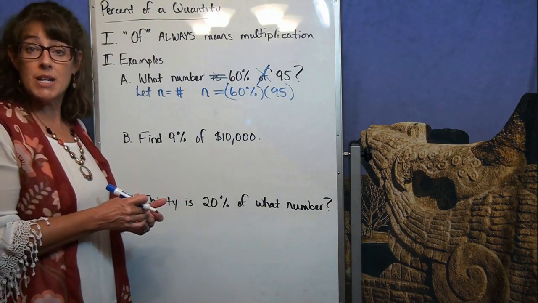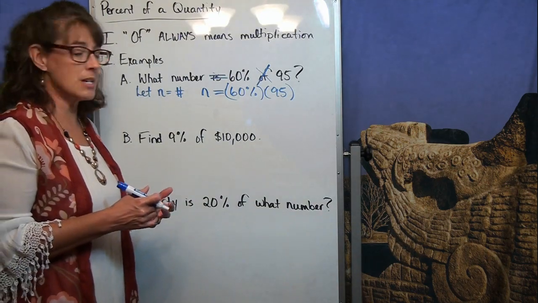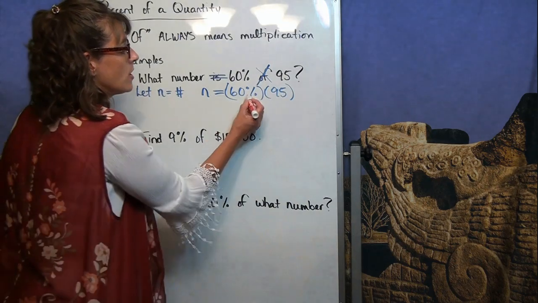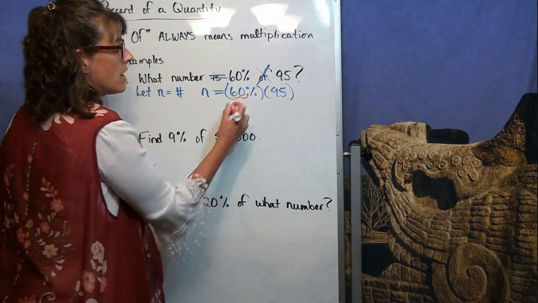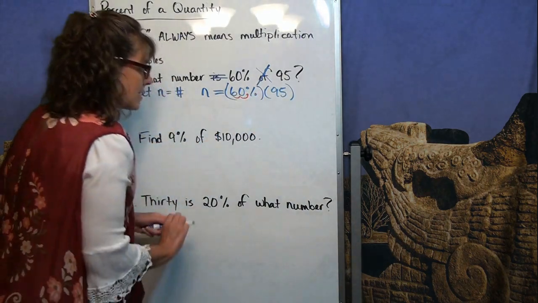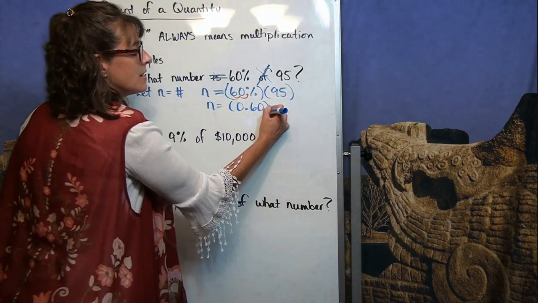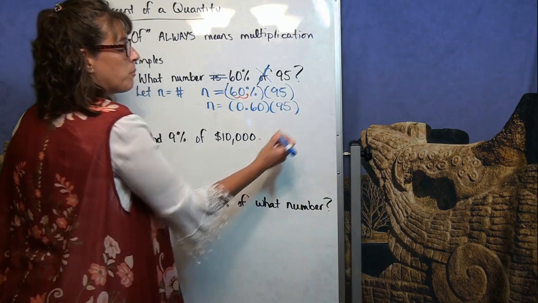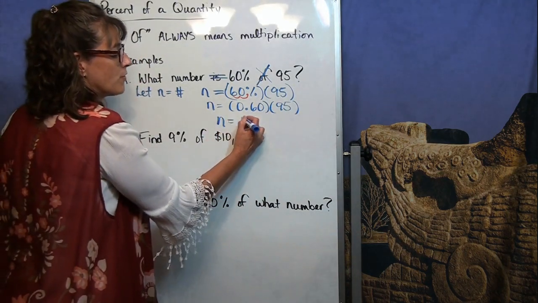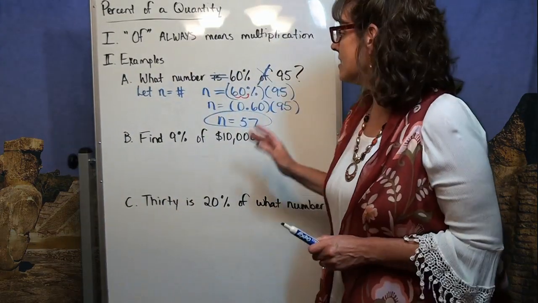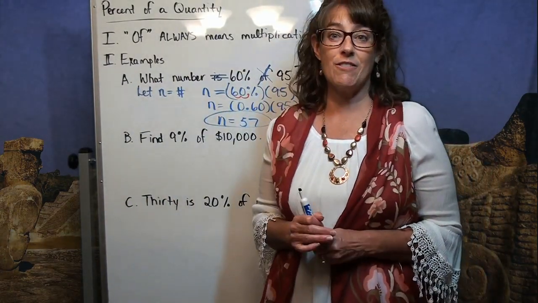We have to convert it to a decimal, but we've already learned how to convert them to decimals. We take that decimal point and kick it back 2 to the left, creating a 0.60. So now we're going to take 0.60 times 95, and that is going to be 57. So that tells us that 57 is the number that is 60% of 95.